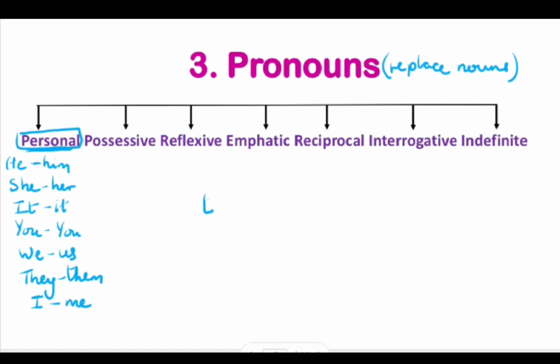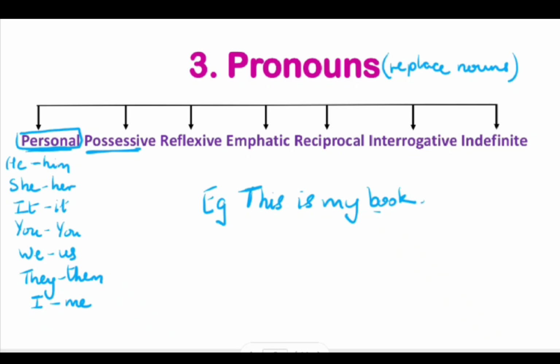So, for example, if I write, this is my book. Children, tell me, what is the noun over here? What is the animal, place, person, or thing that you can identify in the sentence?